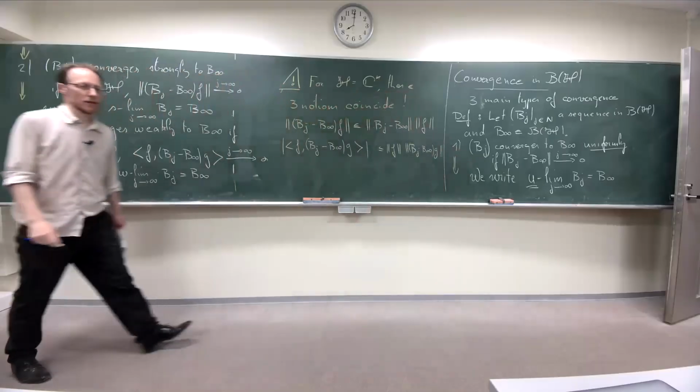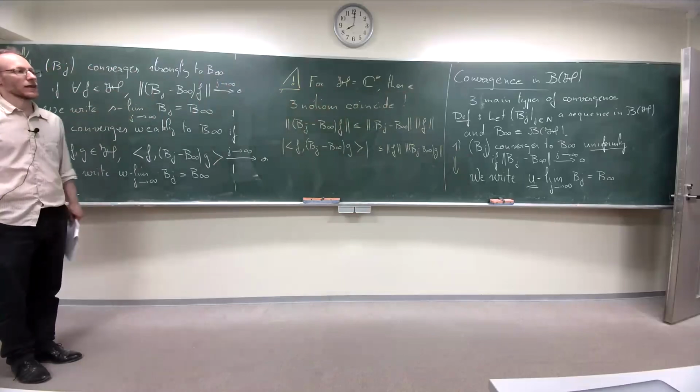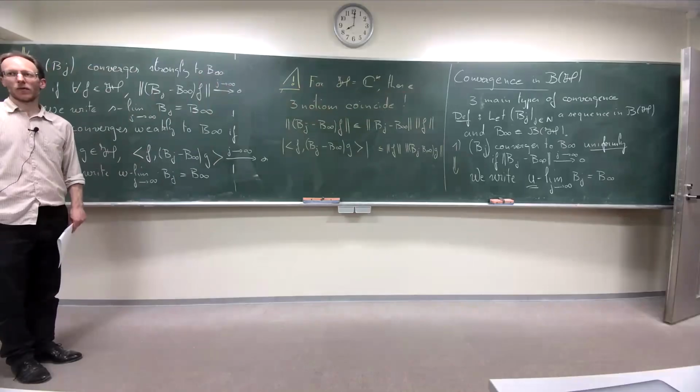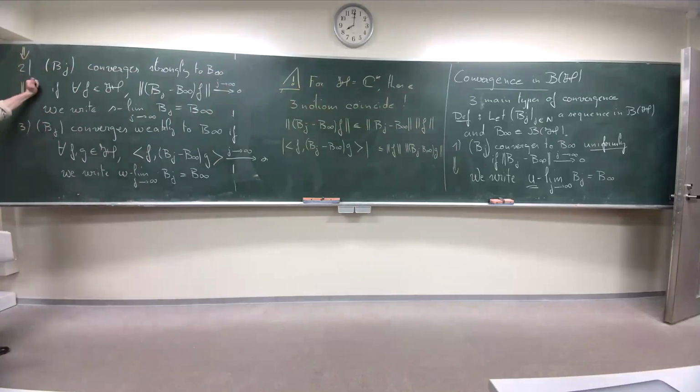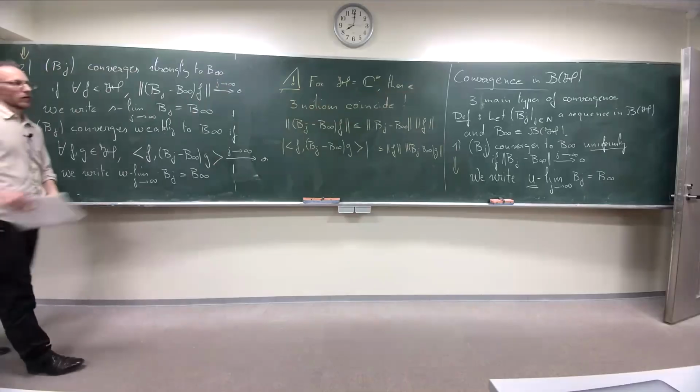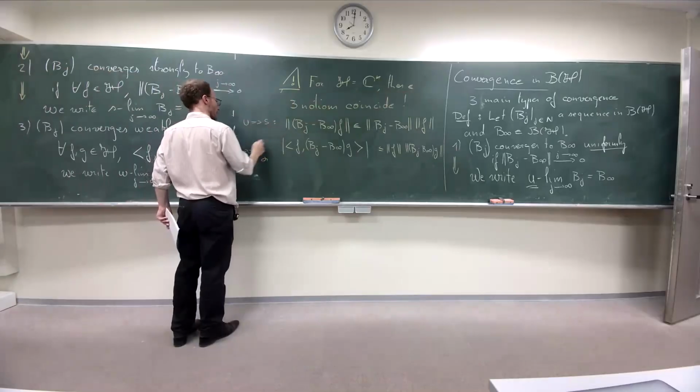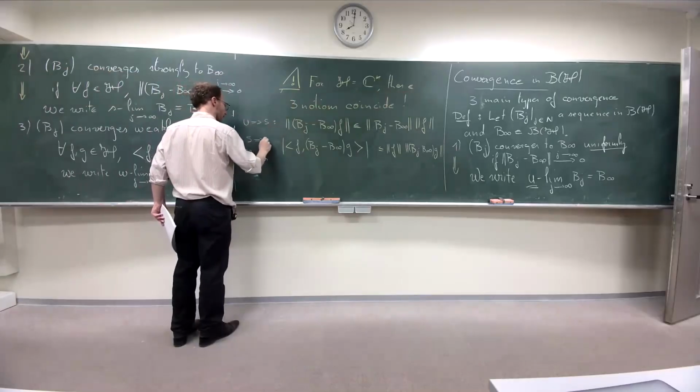You know this. This is Schwarz inequality. So if the right-hand side converges to 0, the left-hand side also converges to 0. So the strong limit implies a weak limit. So this is U implies S, uniform implies strong, strong implies weak.